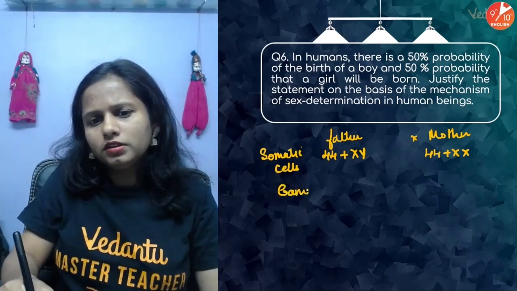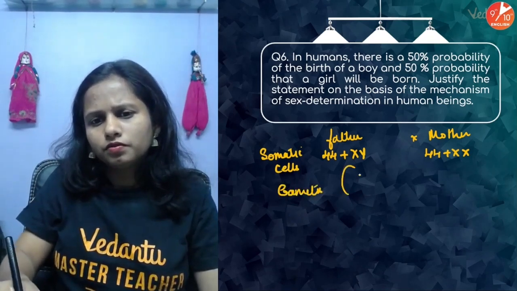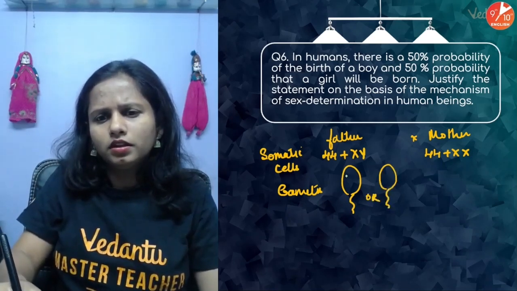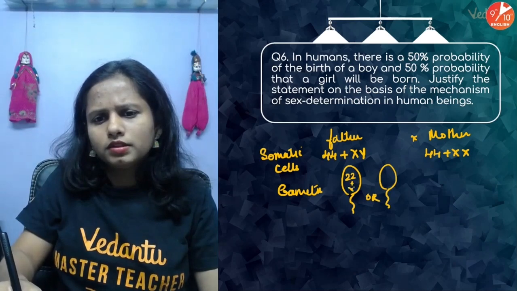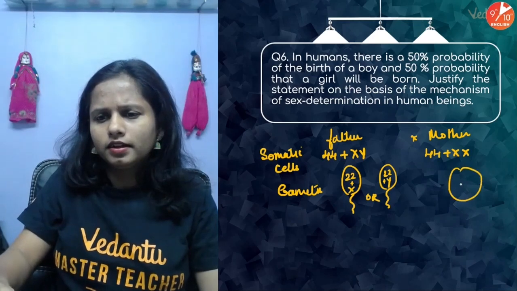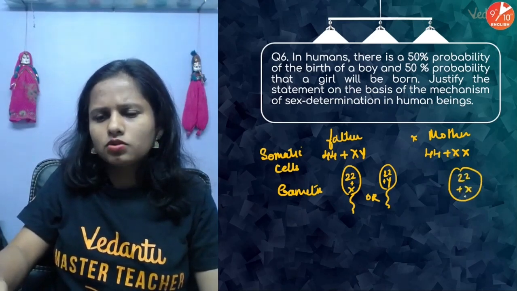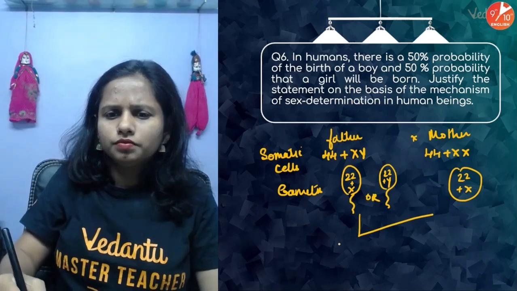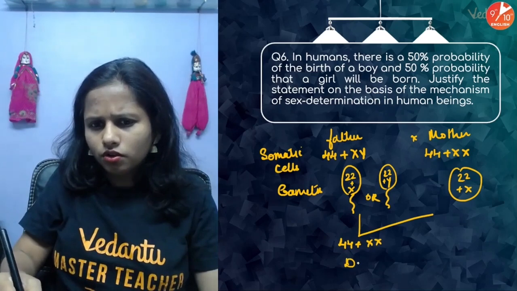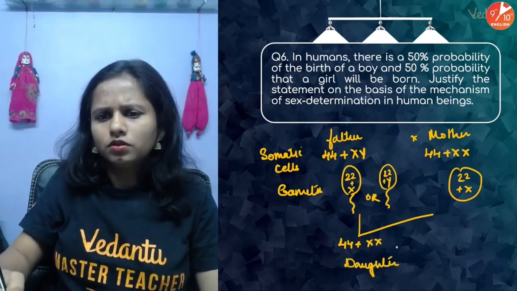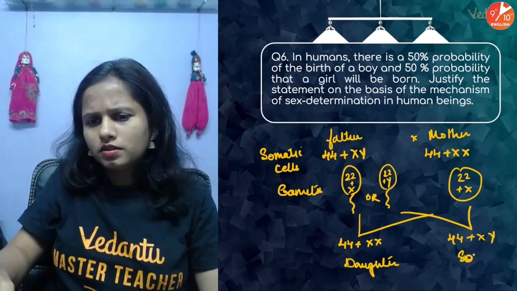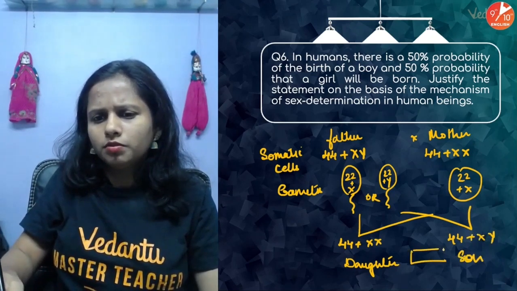Now in the gametes, mention two types of gametes: 22 plus X, 22 plus Y, and here is an X cell with 22 plus X always. So fuse: 44 plus X daughter, then 44 plus XY son.